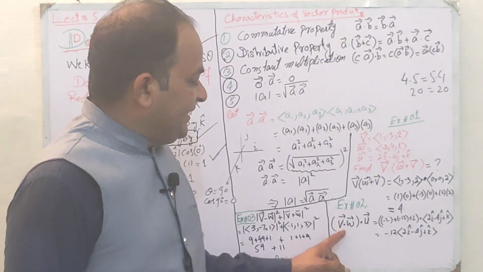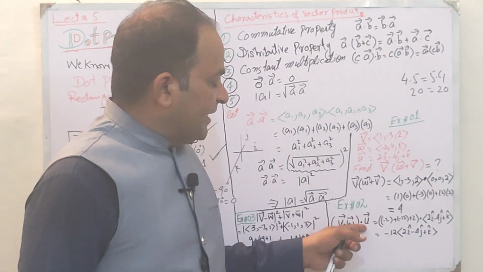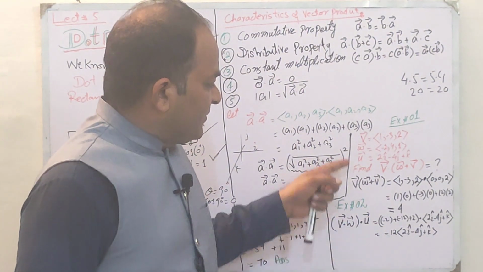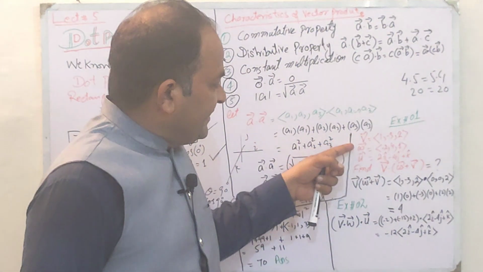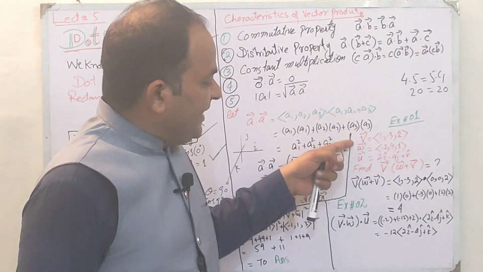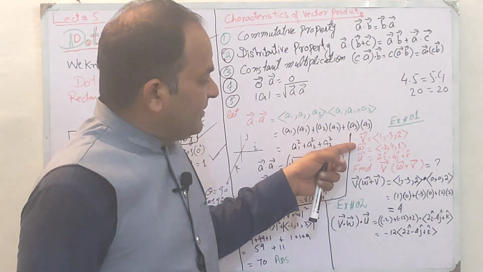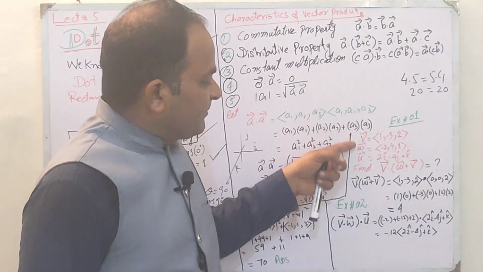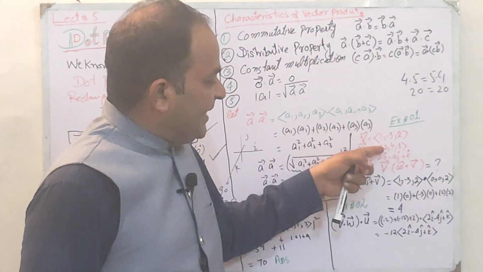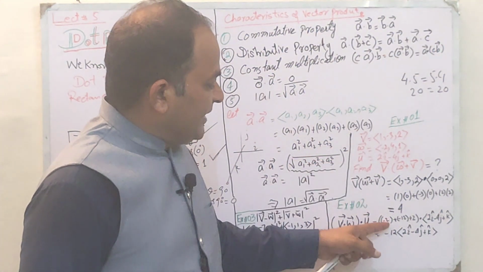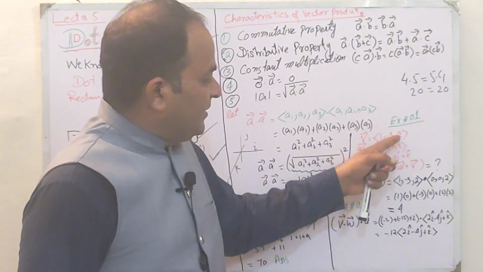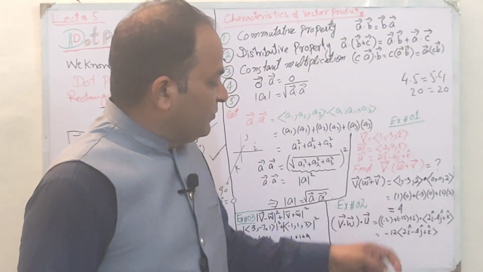Example 2: v dot w into u vector. So what is v dot w? I need to take the dot product of v and w. Just multiply 1 with minus 2, so you will get minus 2, minus 3 with 4 gives minus 12, and 2 with 1 gives 2.